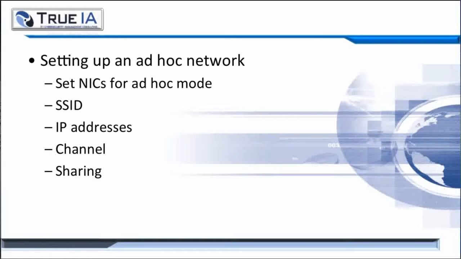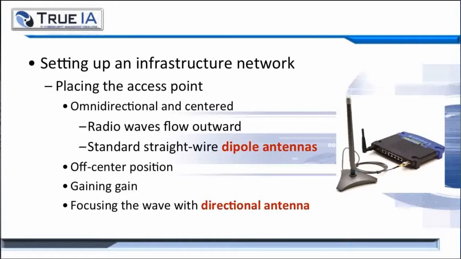Next, when setting up our wireless networks, you'll need to decide what mode you will operate in. For ad hoc mode, you'll need to set the NICs to perform in ad hoc mode. You'll identify an SSID, the appropriate IP addresses, and identify the shared channel that everyone is going to use, as well as any shared resources on each computer. If, however, you're going with infrastructure mode, you'll need to identify your access point placements.